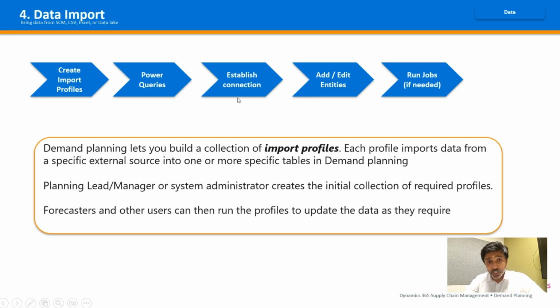You have to establish a connection to the system, and you also have the opportunity to add or edit the existing entities, because adding the mapping of the fields is very important, using which only the system will be able to generate the forecast. You can schedule the jobs and run the jobs as and when needed.